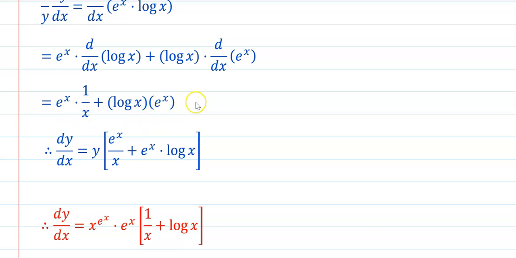But before that, here we will write it once again. e raised to x upon x plus e raised to x into log of x. And that is equal to 1 upon y into dy by dx. And hence dy by dx is equal to y into, in bracket, e raised to x upon x plus e raised to x into log x.